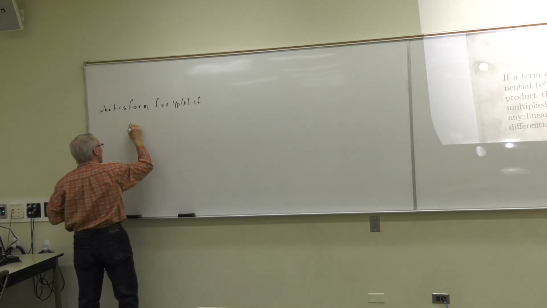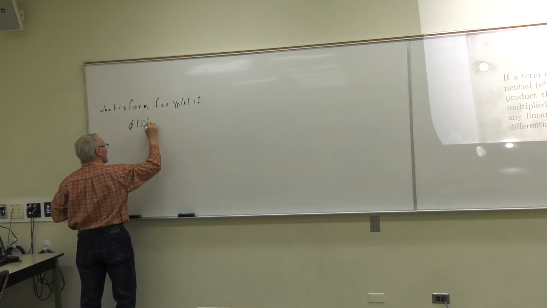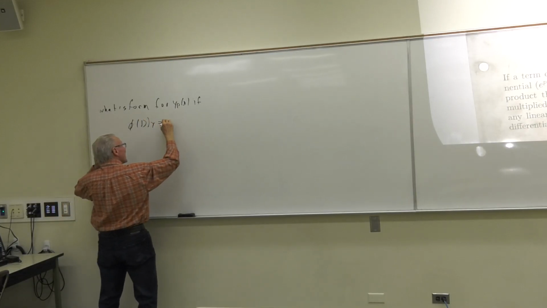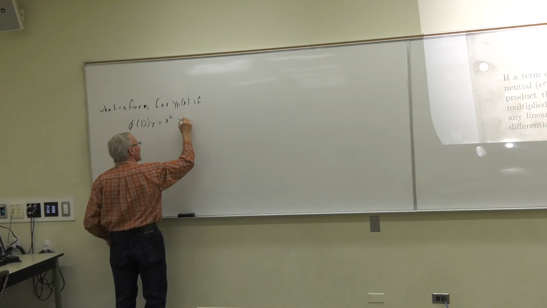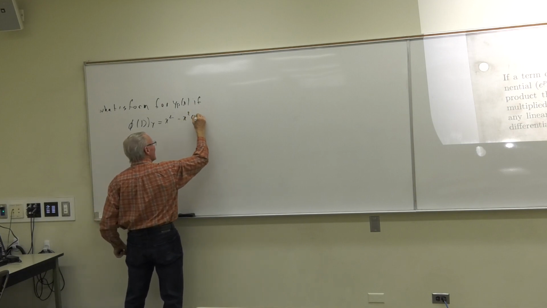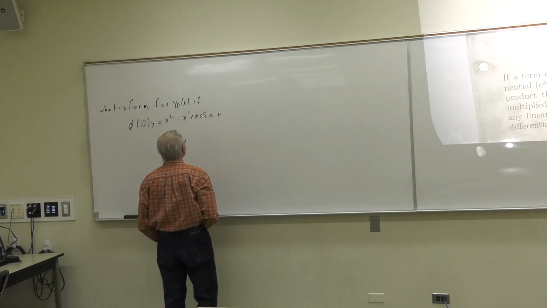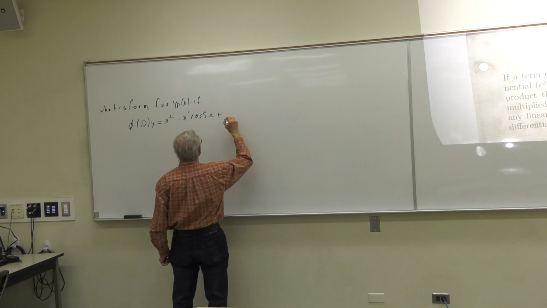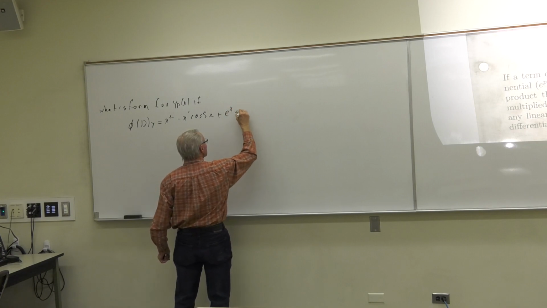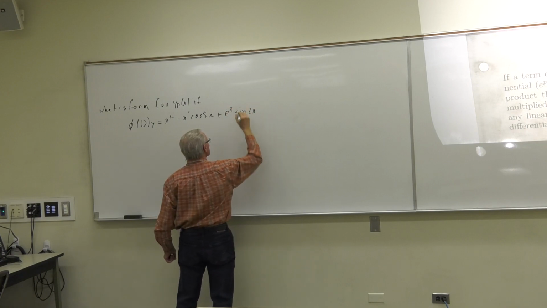if you've got phi of D operating on y is equal to x squared minus 5, plus x e to the x cosine 5x, plus e to the x sine 2x.